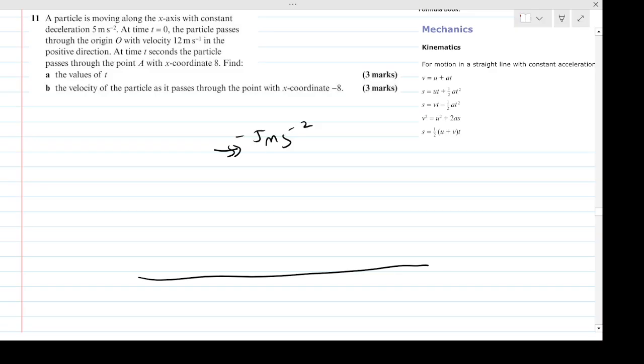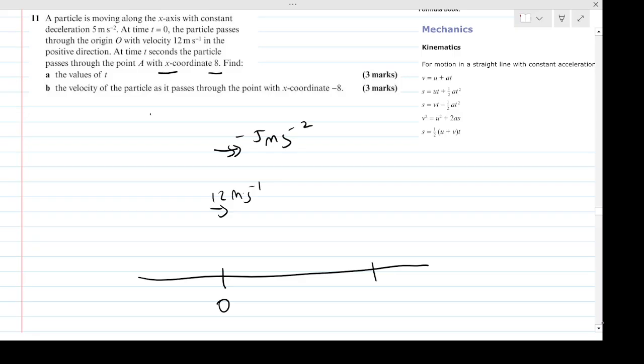At time t equals 0, the particle passes through the origin O. So again, let's say O is here, with velocity 12, so it moves at 12 meters per second in the positive direction, so it's going to move forwards, right? At time t seconds, some time t, the particle passes through the point A, with x coordinate 8.